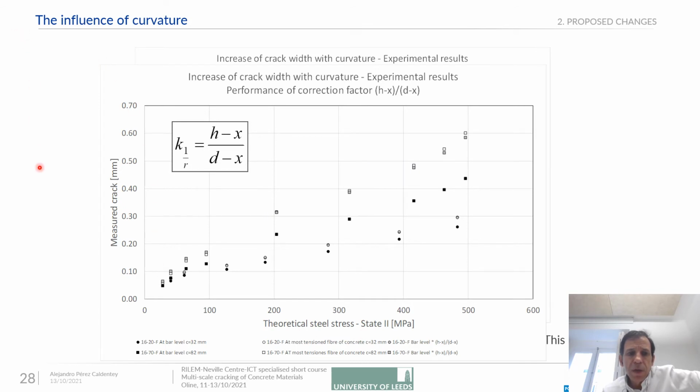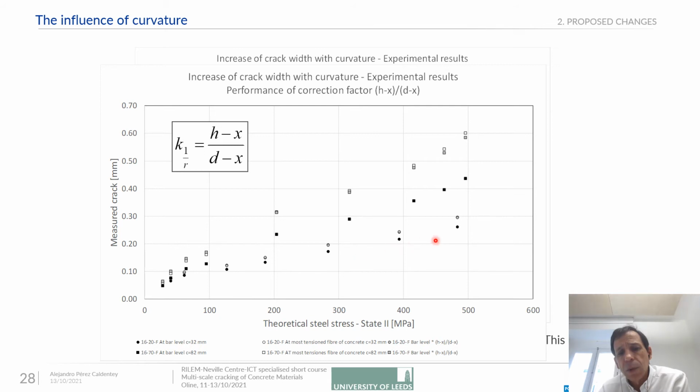Then we have the influence of curvature. So for curvature, in this figure, we are showing two tests. One of them, with round symbols, has a cover of 32 millimeters, and the other, with square symbols, has a cover of 82 millimeters.